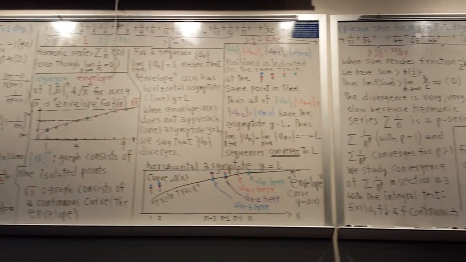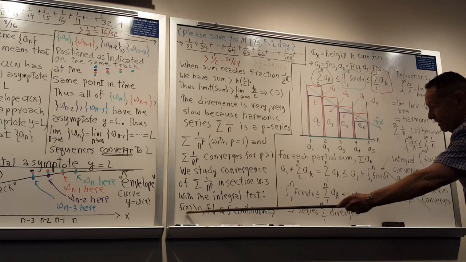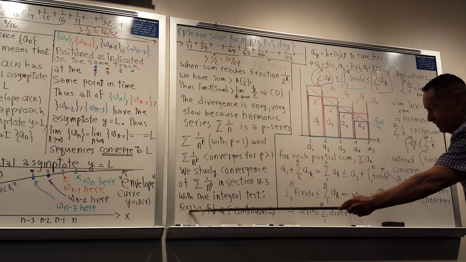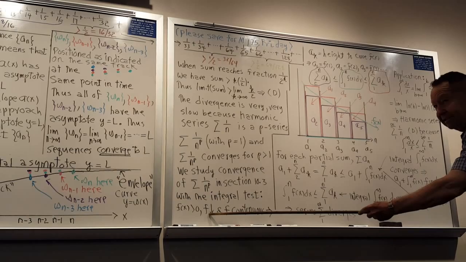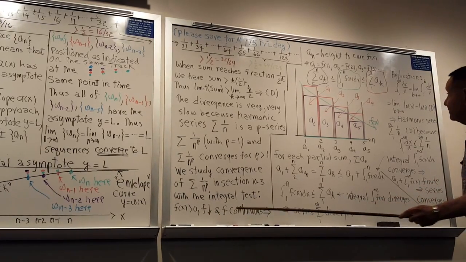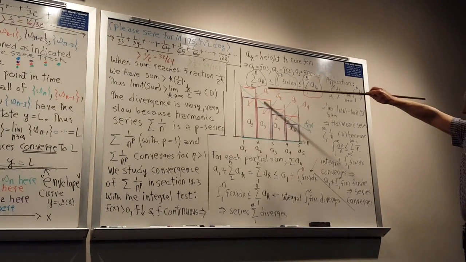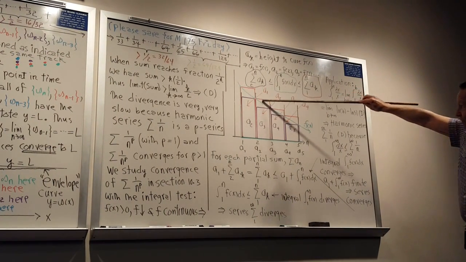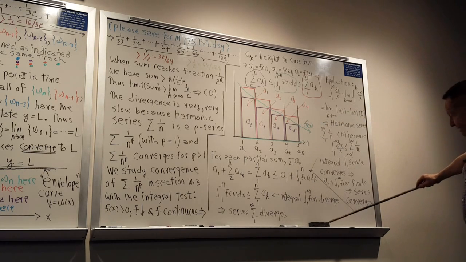So thinking of your general term in your series as f of x, which would be your envelope, if you have f of x positive and always decreasing from some point onward and continuous, then you can do something like this. So the envelope now in my picture here is the green, is f of x.